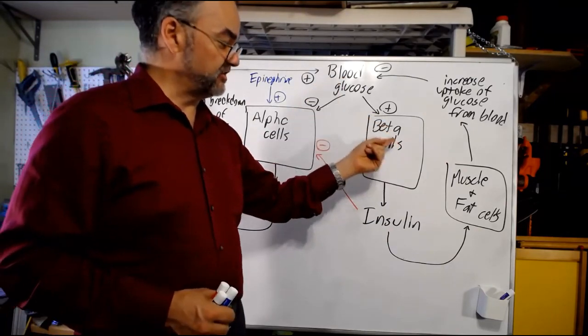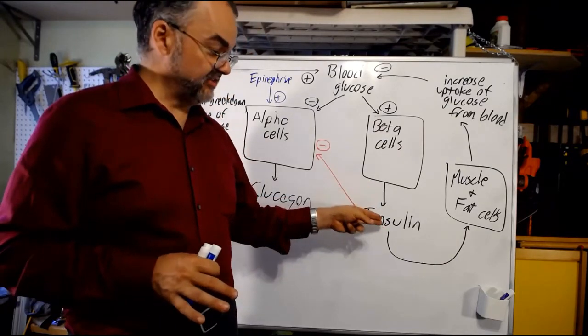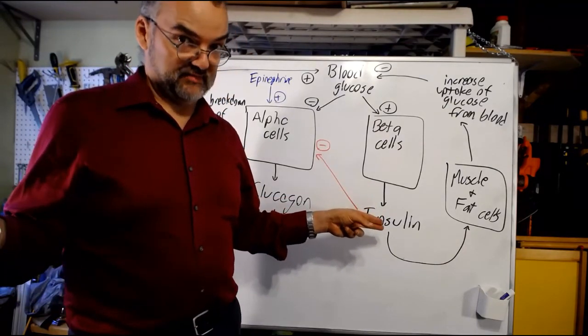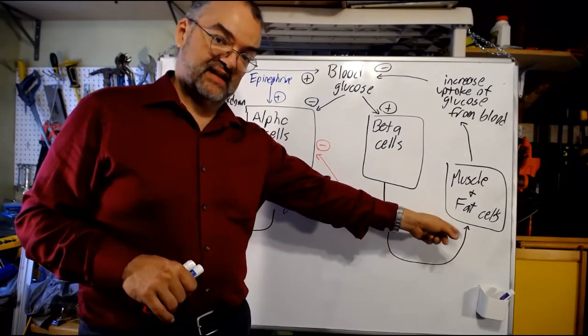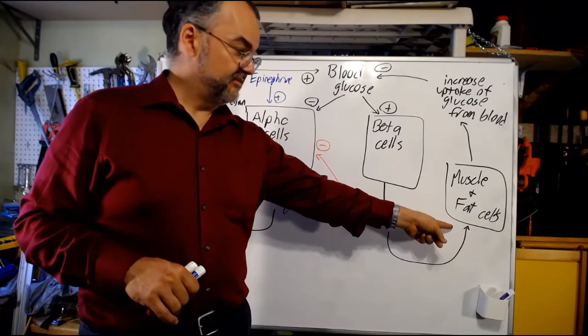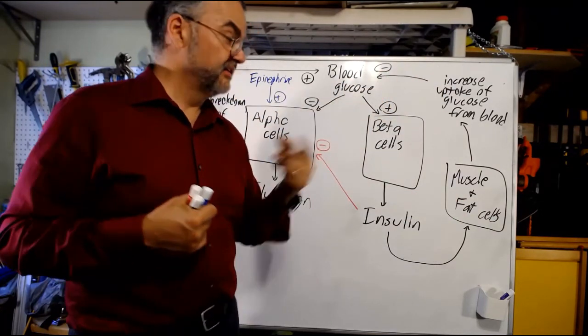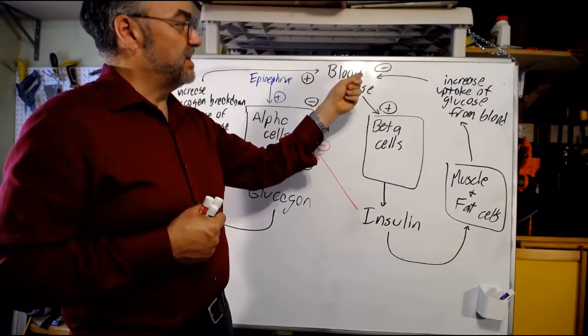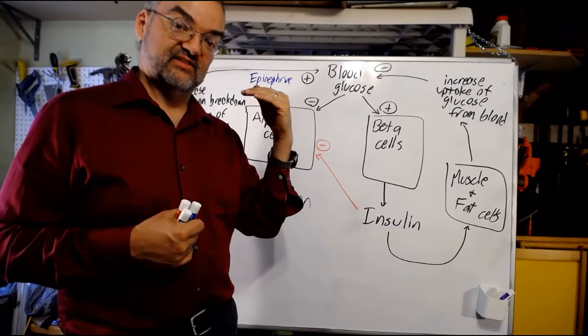But it also tells my beta cells to make more insulin. That insulin is made, especially early on in type 2 diabetes. But here's where the problem is. The muscle and fat cells don't respond to the insulin. If they don't respond and they're not taking in that glucose from the blood, then we are not lowering blood glucose, and blood glucose can continue to be too high.